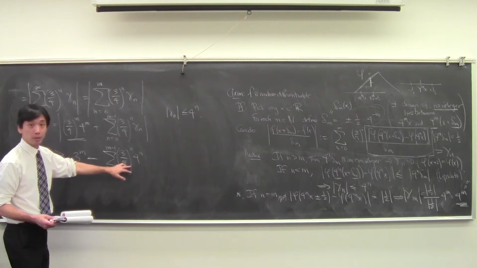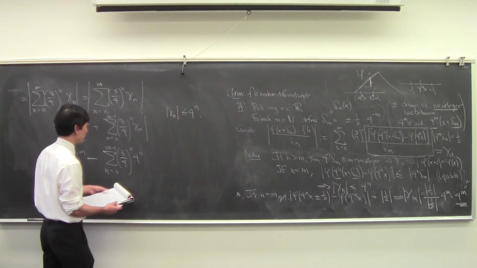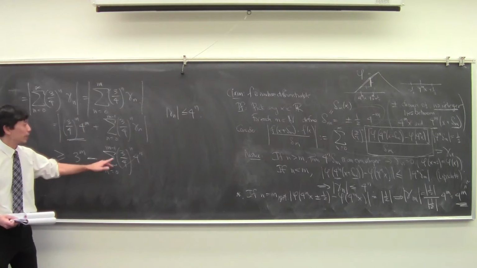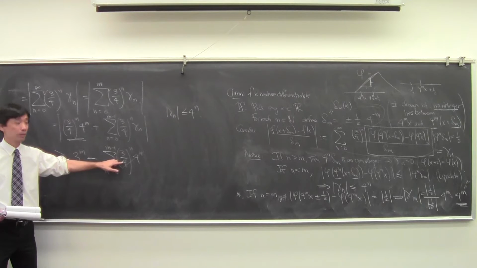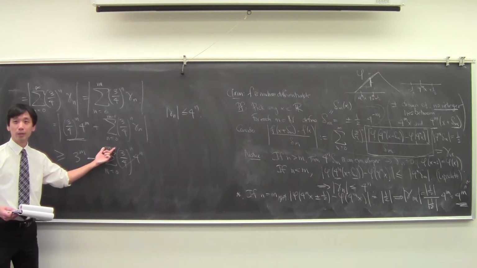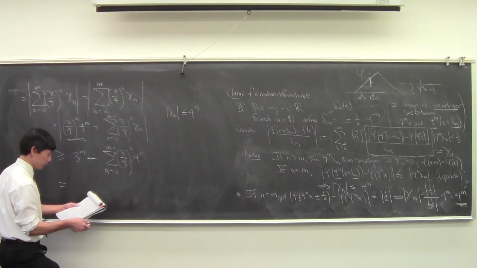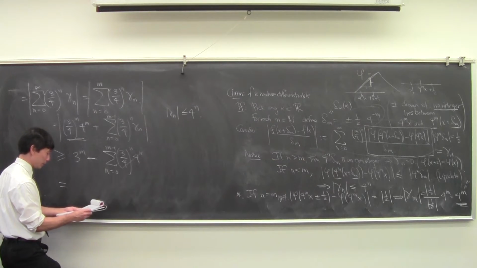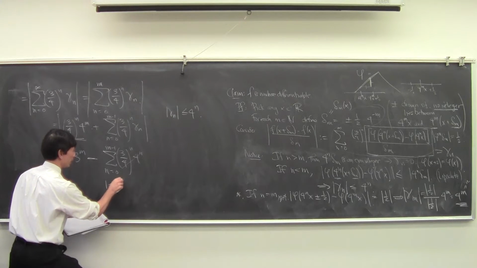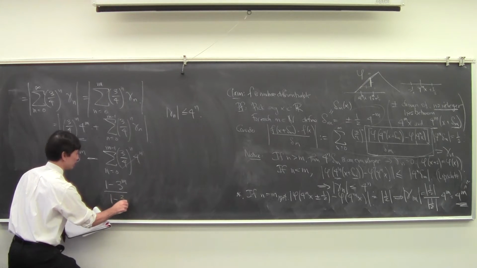Okay. So then what you have here is, of course, just a geometric series. Well, part of a geometric series: the sum of 3 to the n from n equals 0 to m minus 1. If you remember your calculus, this turns out to be (1 minus 3 to the m) over (1 minus 3).